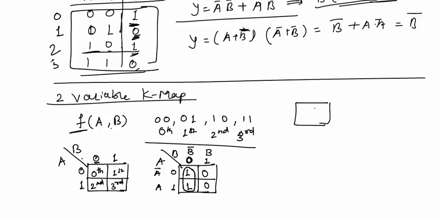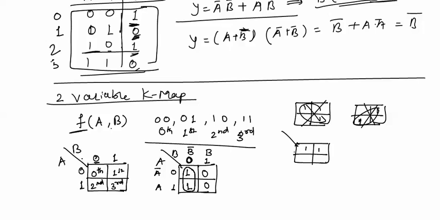See, if these two ones were in this position or in this position, pairing cannot be done. Both are the wrong procedure of pairing. If these two ones were in these positions, pairing could be done. Now, if a pair is formed in this case, for this pair we will write the simplified expression.